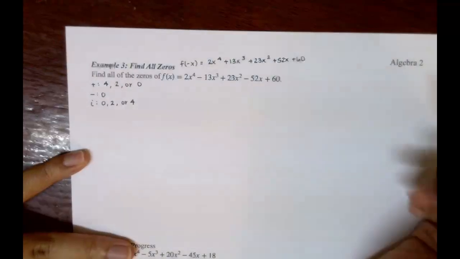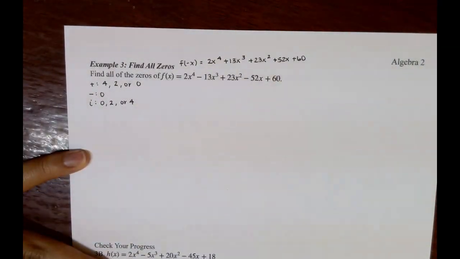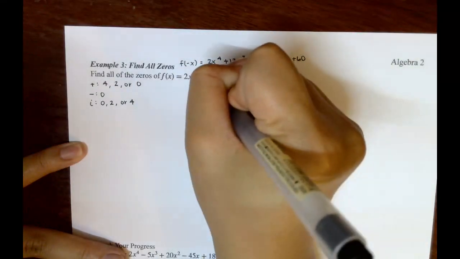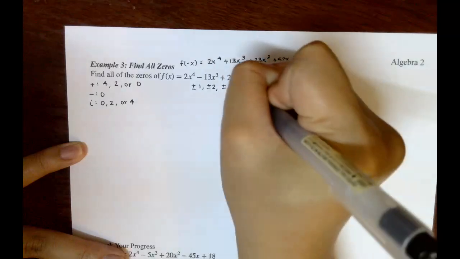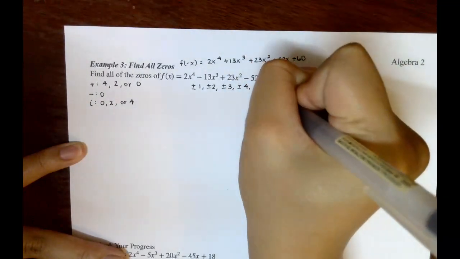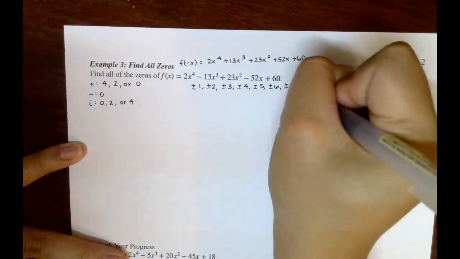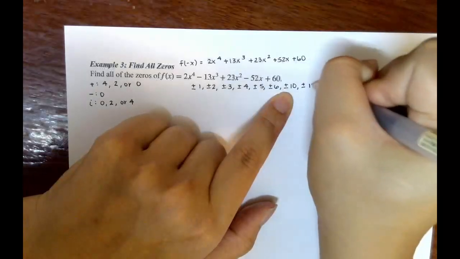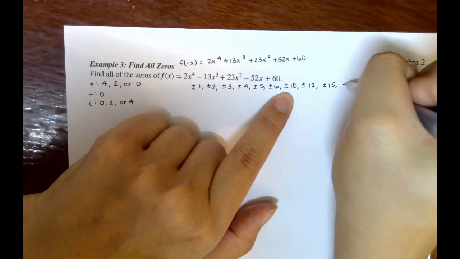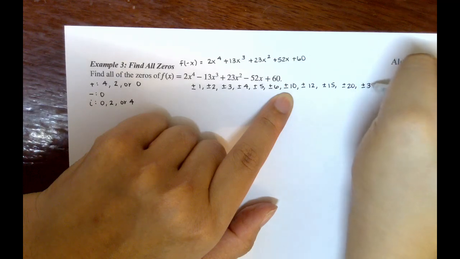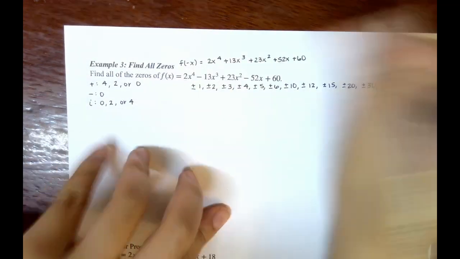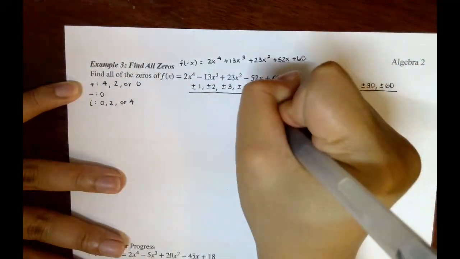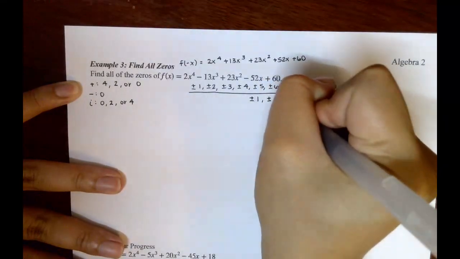Okay, so let's find some. All of my possible rational zeros are factors of 60: 1, 2, 3, 4, 5, 6, 10, 12, 15, 20, 30, and 60, all over the factors of 2, which is 1 and 2.